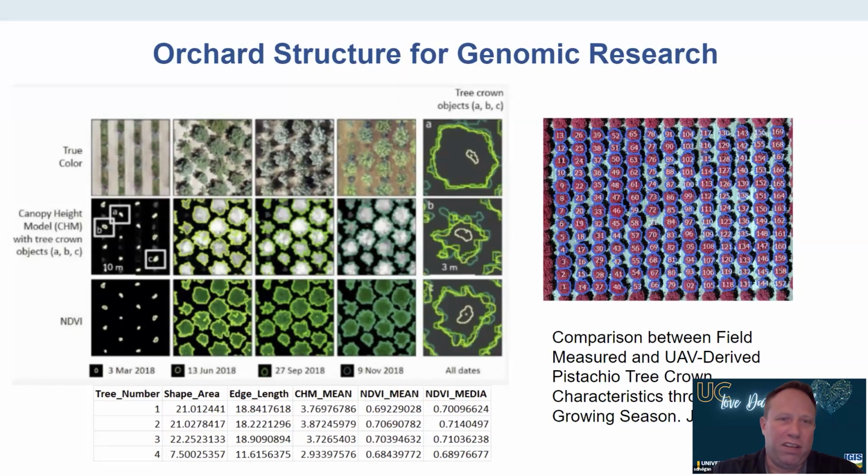So there was an efficiency element, besides the ability to approach these scientific questions of tree health and tie that to the genetic characteristics of those phenotypes of the trees. Next.